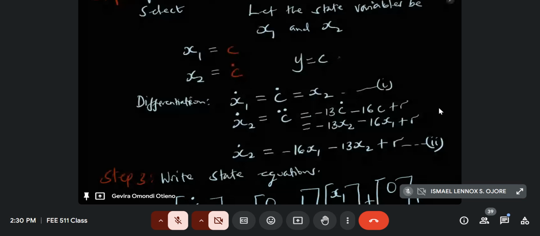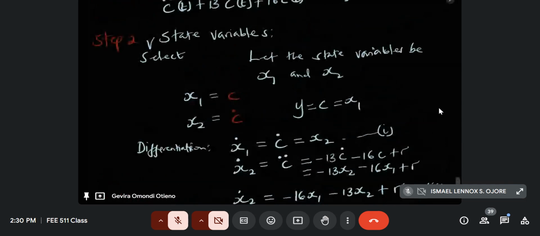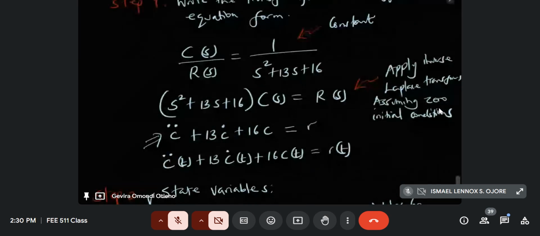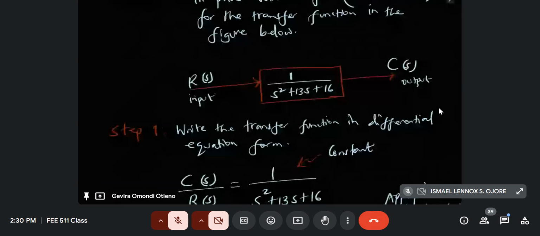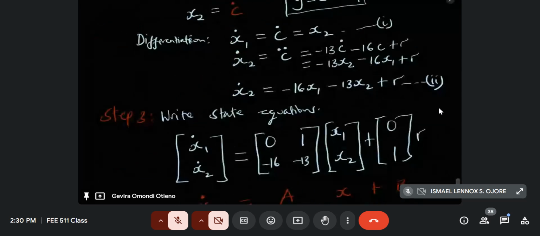Because, ladies and gentlemen, it's very simple. The output clearly from the diagram is C. That's why I'm saying here that Y, which is the output, in our case is represented as C. But C, if you look at our state variable choice, is the same as X1. So now you have this to form your output equation, that C equals X1.